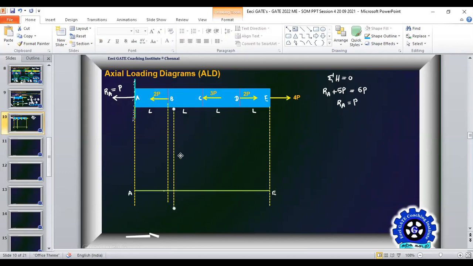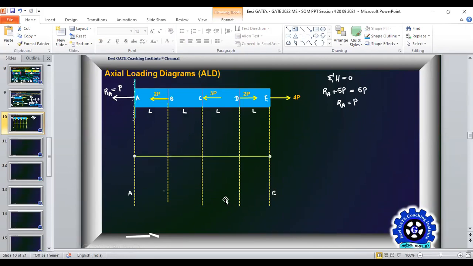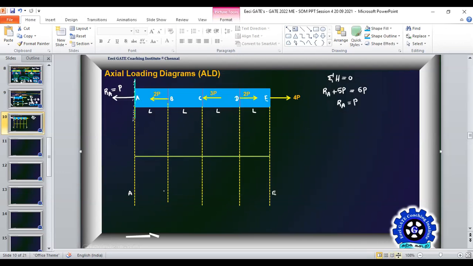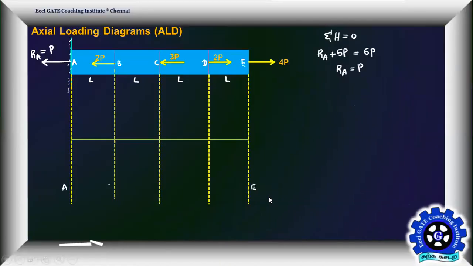Draw this kind of dotted lines. Straight line we need to draw now. I think it is better to keep this here, so you will get more space. Is it okay now?